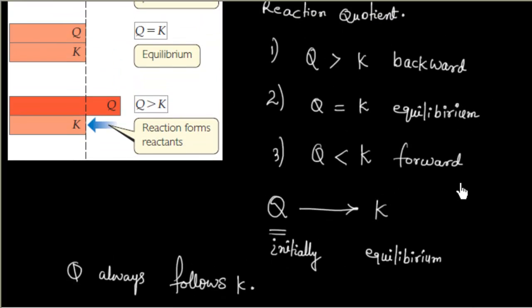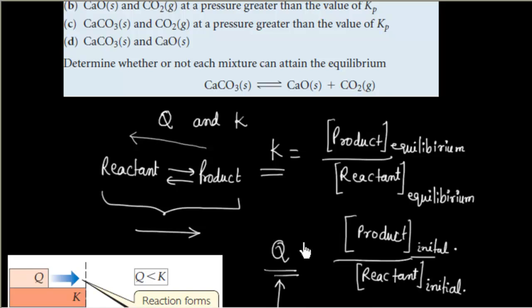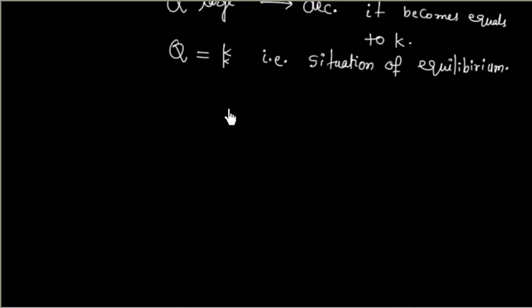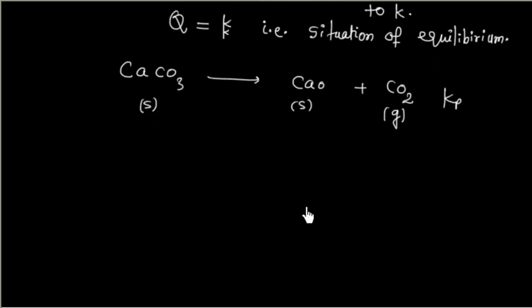Now let us discuss our problem. We have the decomposition of CaCO3, and it gives CaO plus CO2. CaCO3 and CaO are solids, and CO2 is a gas, and the Kp value for this reaction is given. Let us write Qp.